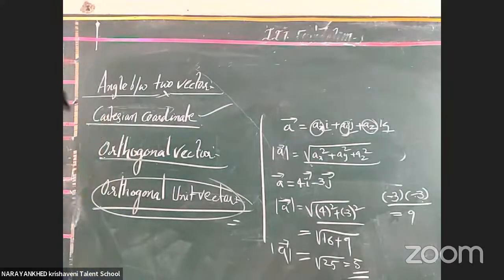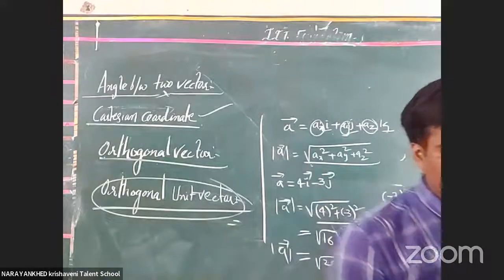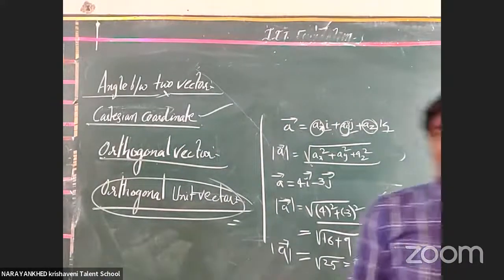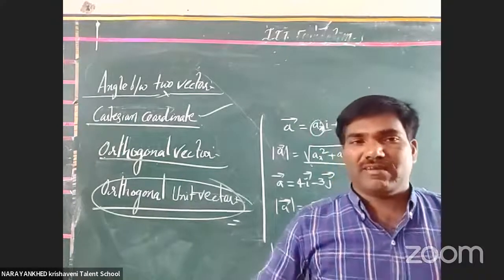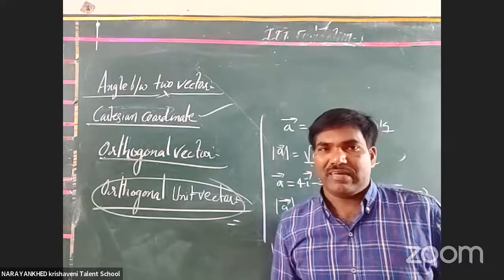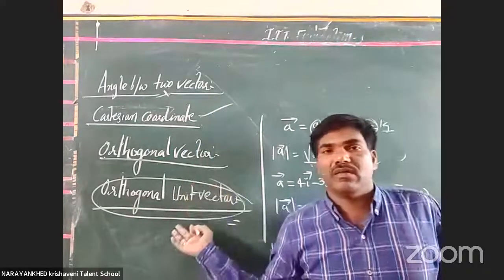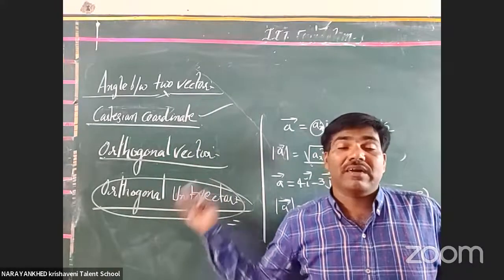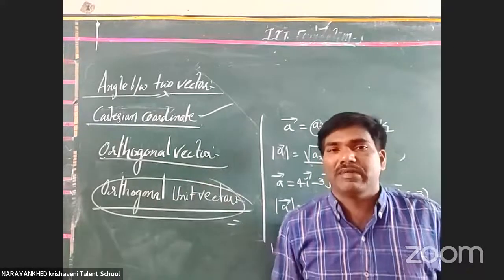With this, all the types of vectors are completed. Look at all the types of vectors we have discussed in the previous two to three classes. In this we discussed the types of vectors and how to find the angle between them.